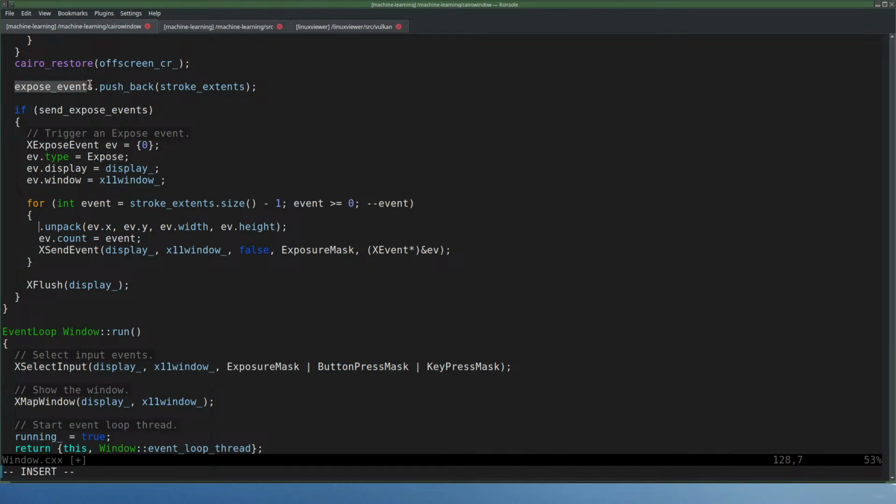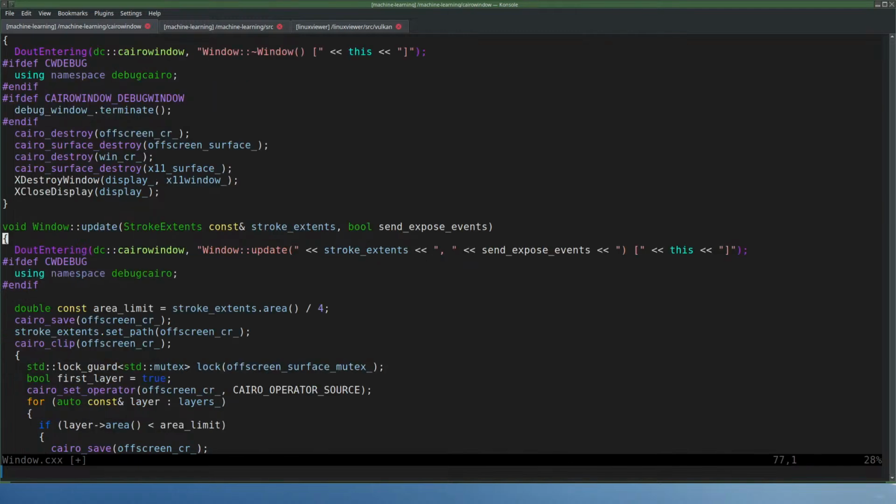Expose events as event. This looks good. I think it looks good.